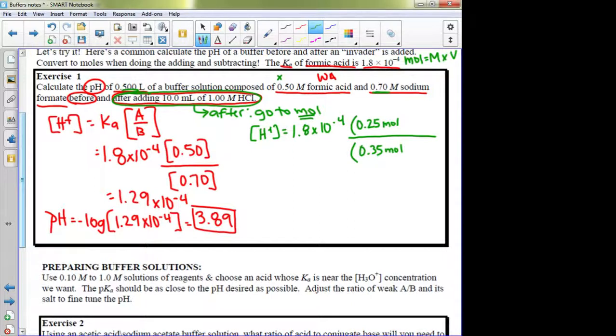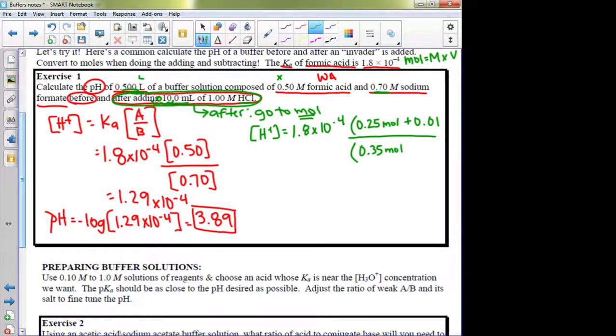Now, I added acid, right? So how much acid did I add? This is 10 milliliters. Since I've already worked this calculation in liters, I need to change this one to liters. So I go back 3 decimal places, 1, 2, 3, and change that to 0.01. My molarity is 1, so volume times molarity gives me moles. So what's 0.01 times 1? 0.01. So I'm going to add it to my acid.